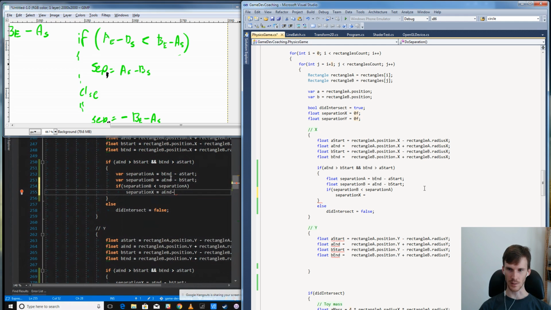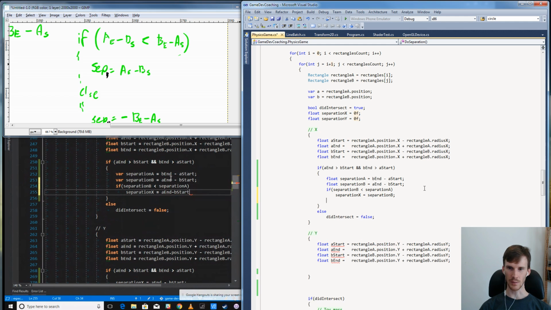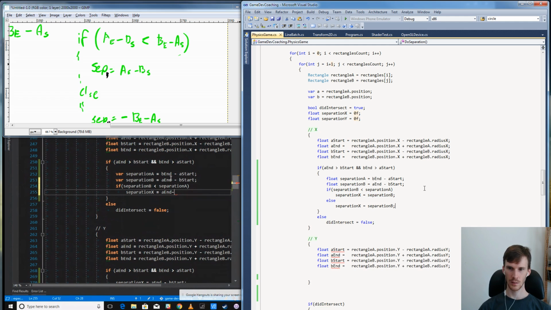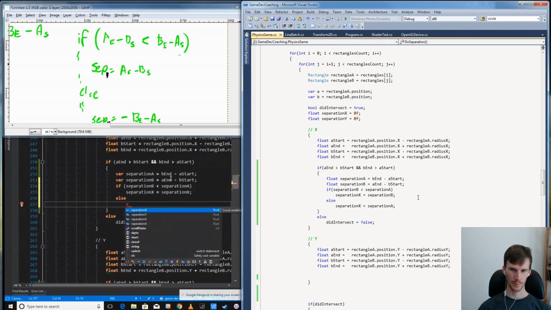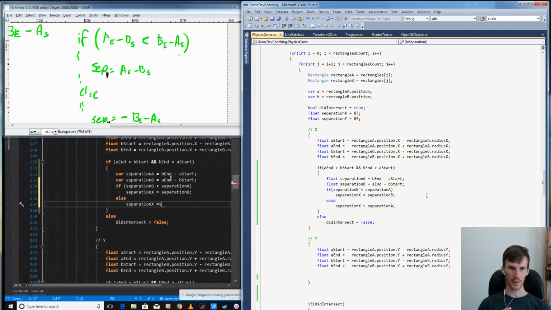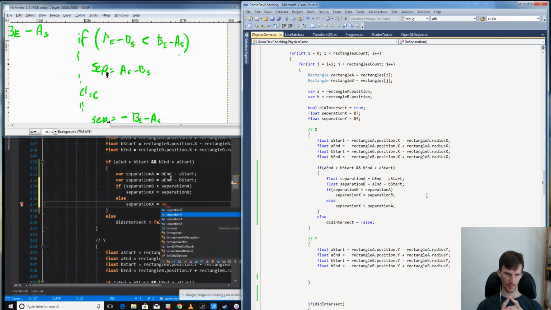Separation X. So this is the x-axis equals B is smaller, else. So the important thing is, does this code make sense?